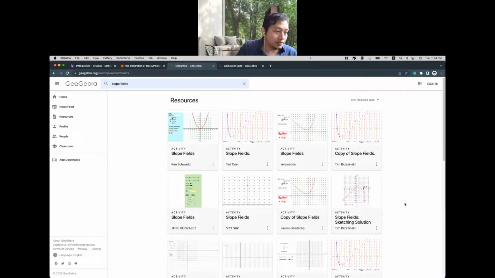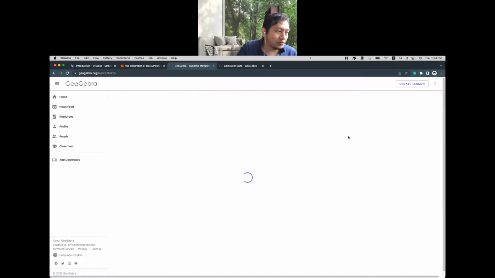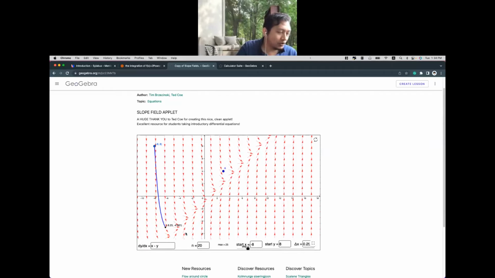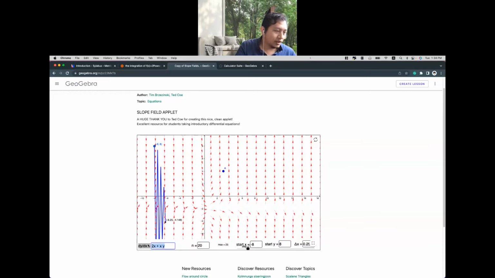Okay. For example, if I take maybe this one, this is the slope fields. I will explain later what slope fields mean, but basically what you can do here is you can change this equation here, and probably you can make this like this, and it's simply changing the graph.